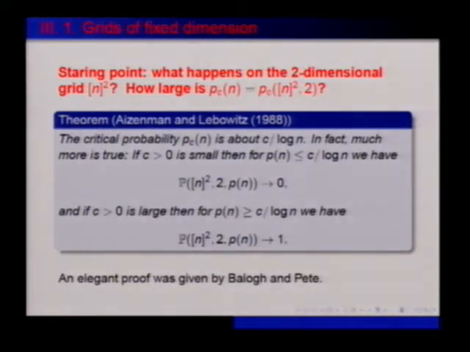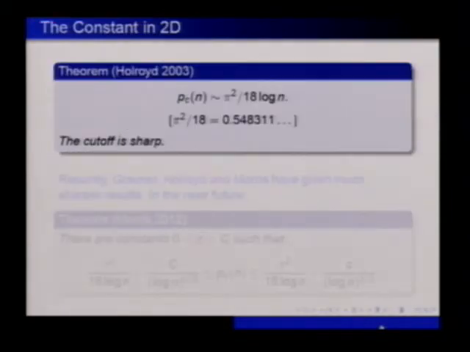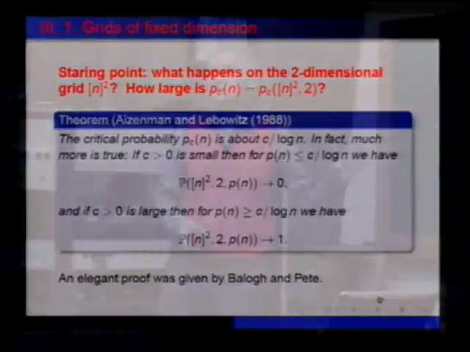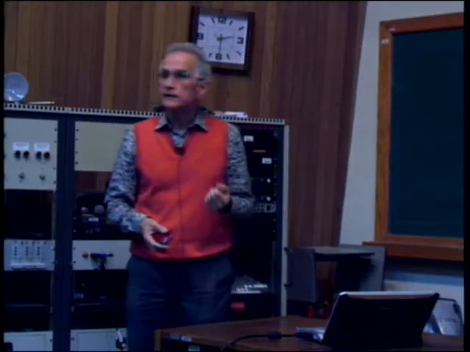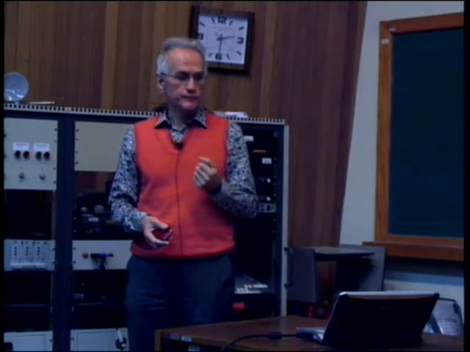So they proved that if the probability is less than, let's say, 1/(1000 log n), then the probability of percolation tends to 0, but if it's bigger than 1000/log n, then it tends to 1. And a very elegant proof was given by Balogh and Pete. It's a nice result, and certainly was a starting point, but it does give a pretty crude picture.